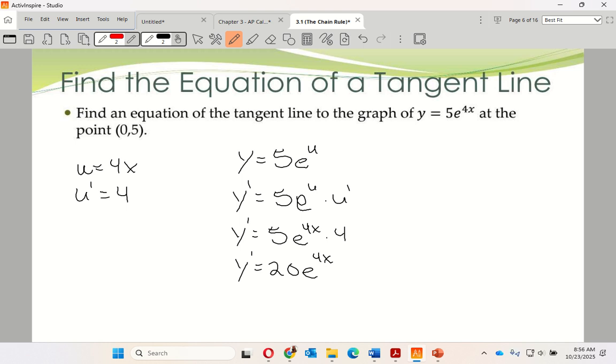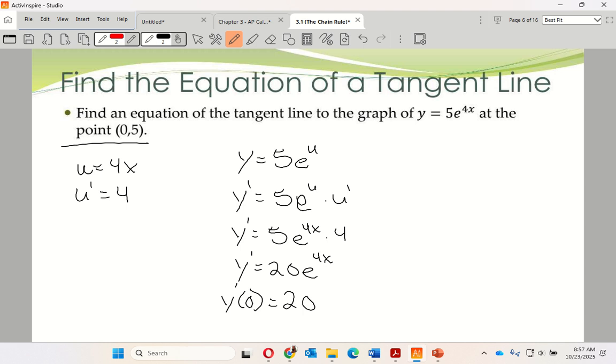So right here, find the equation of the tangent line, and it's given us a point, 0, 5. So my x value is 0, my y value is 5. Let's plug that in. So y prime of 0: anything to the 0 power is 1. So 1 times 20 is 20.